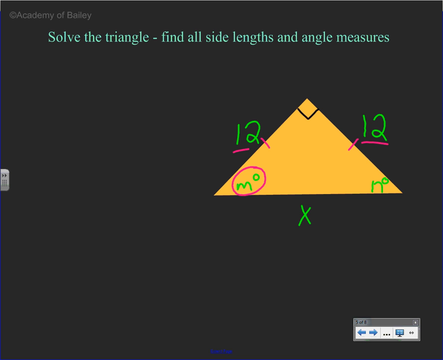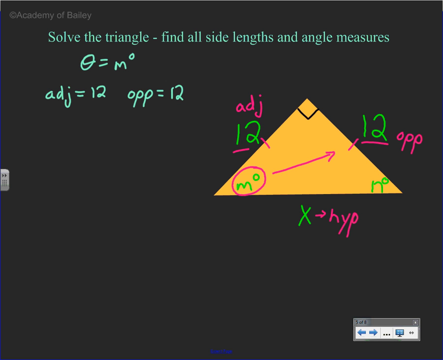First off, identify the hypotenuse. The hypotenuse is X. The opposite side is this 12, and the adjacent side is this 12. Okay, so from here, we know that theta will be equal to M. We know that the adjacent side is equal to 12, and the opposite side is also equal to 12.